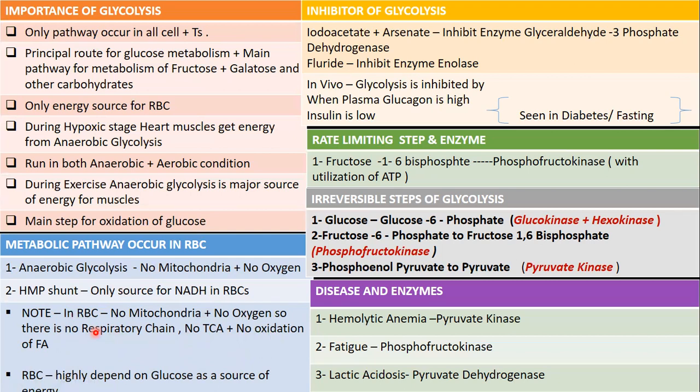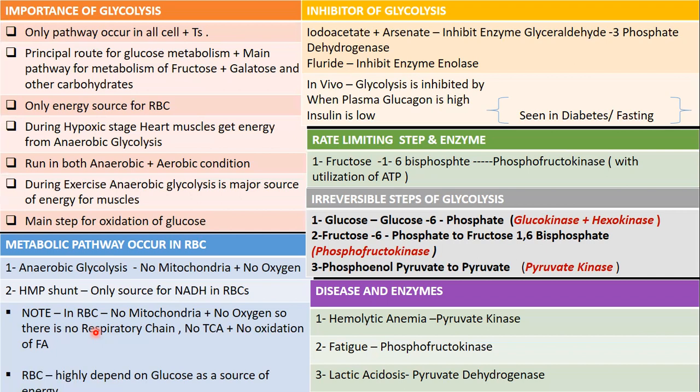Then when we talk about how important glycolysis is in RBC, just remember one point, that RBCs are completely reliant on glucose as their metabolic fuel and metabolize it by anaerobic glycolysis.